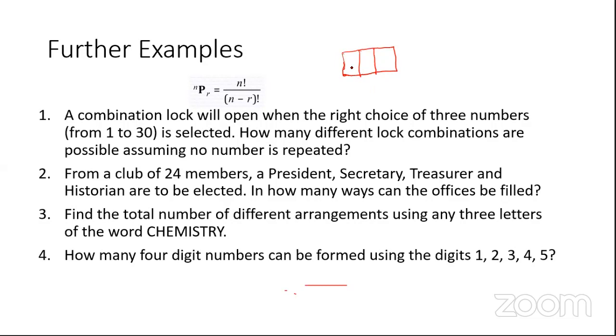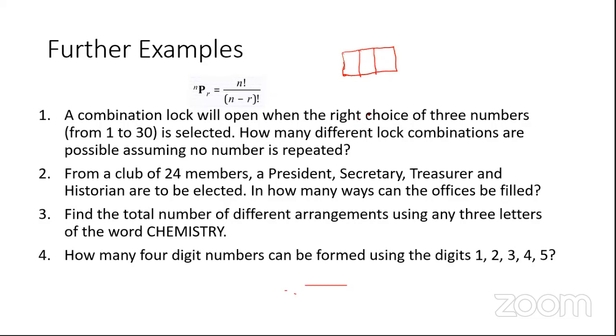So those numbers are just like a key to open such a lock. And they said that for you to open it, you must go for a right choice of numbers. So how many different combinations can be possible in this case?